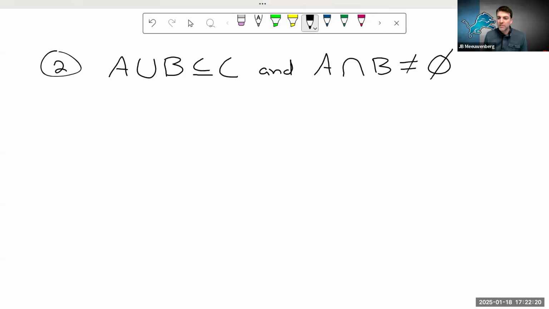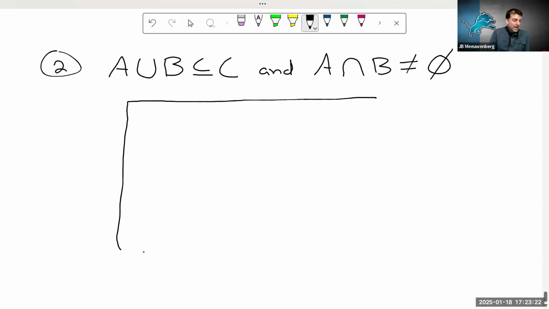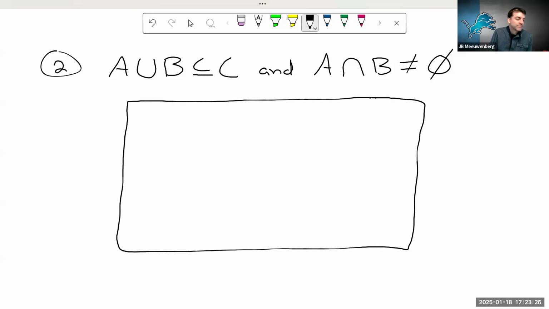And let me just double check to make sure that I wrote all that correctly. And I did. So pause the video, see if you can figure out how these sets might relate to each other in a diagram.